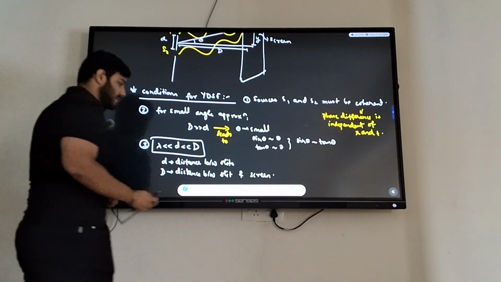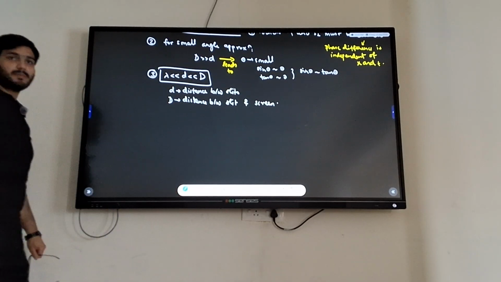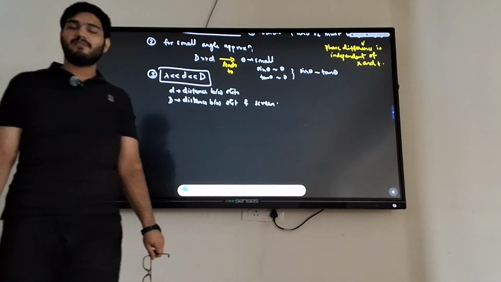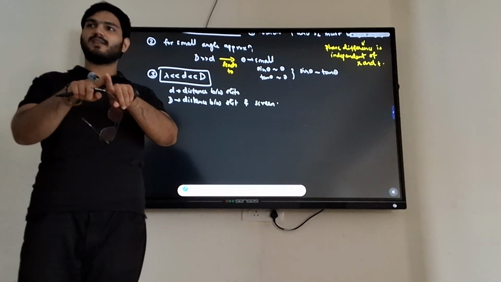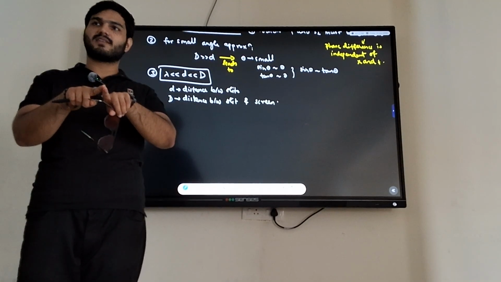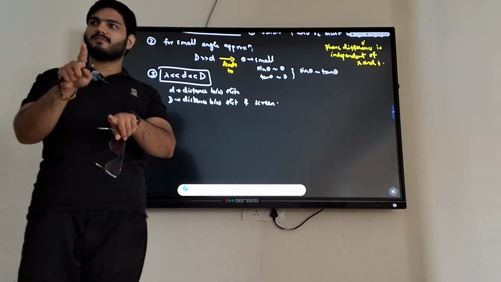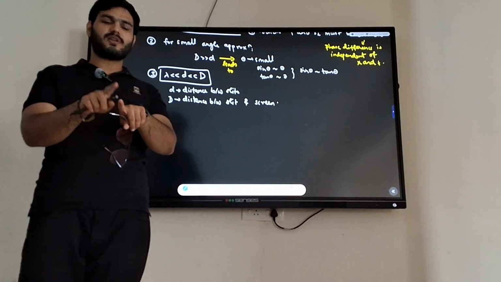Let's try to see the experiment then, and let's try to find the conditions of getting the maxima and minima. I will use a terminology here. Wherever two waves interfere constructively, there will be a point of high brightness, because intensity is high.